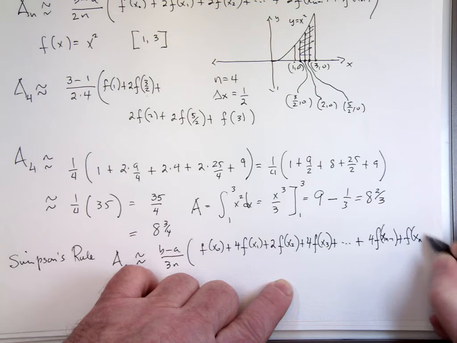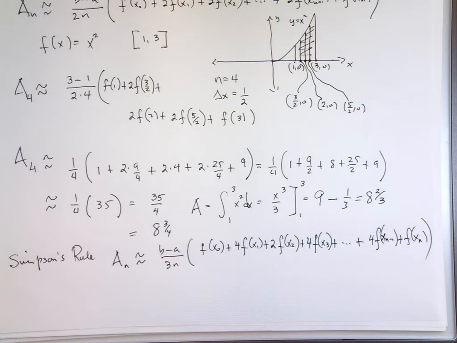It goes 1, 4, 2, 4, 2, 4, 2, 4, 2, 4, 1. The coefficients are different.